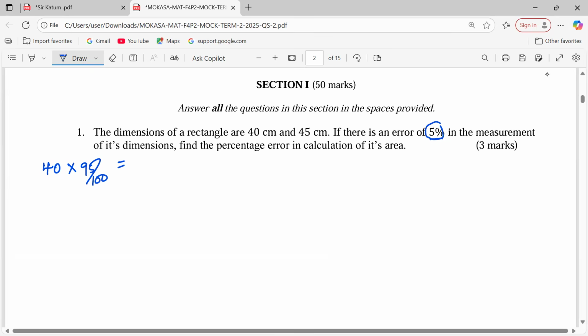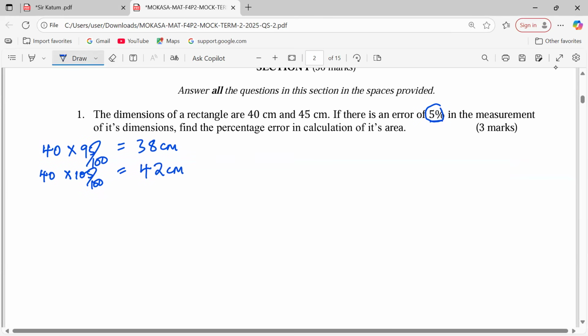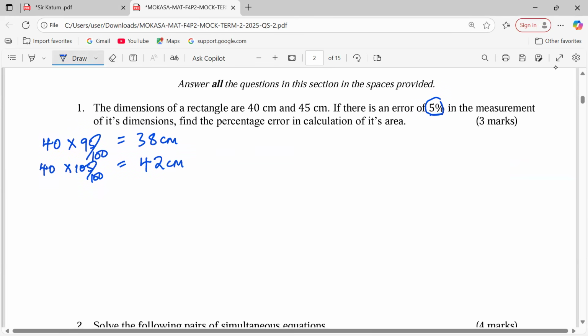And this is going to be 38 centimeters, or the same 40 can go up to 105%, the upper limit of the same. So the upper limit of this dimension is now going to be 42 centimeters. Yeah, 42 centimeters. Then there was the same error for the length.